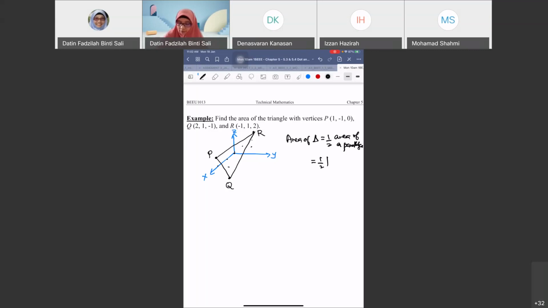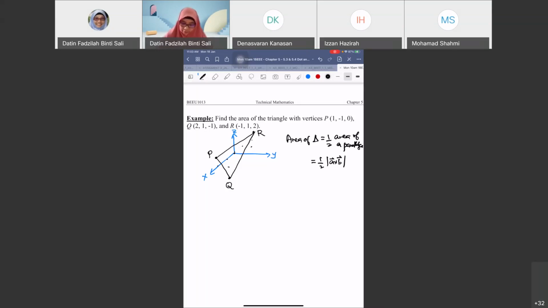In this case, let's say I'll just write it like this first: A cross B. But you are given the coordinates in terms of P, Q, R, which means you just need to establish two vectors and find their product using the cross product. You have more than one way in terms of vectors.